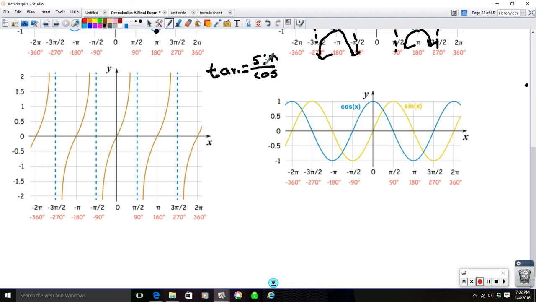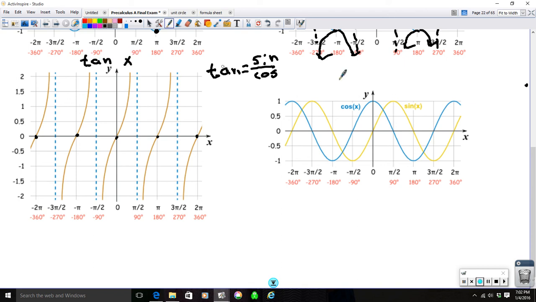And where sine is equal to 0, that becomes an x-intercept. So we have an x-intercept at negative 2 pi, negative pi, 0, pi, and 2 pi. Then you draw an increasing function that approaches these asymptotes. So that is what tangent looks like and how we go about getting that. This is the tangent of x.